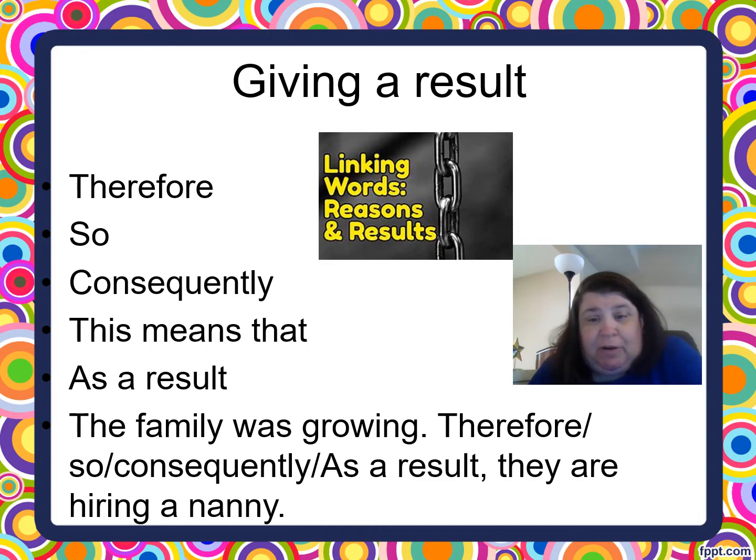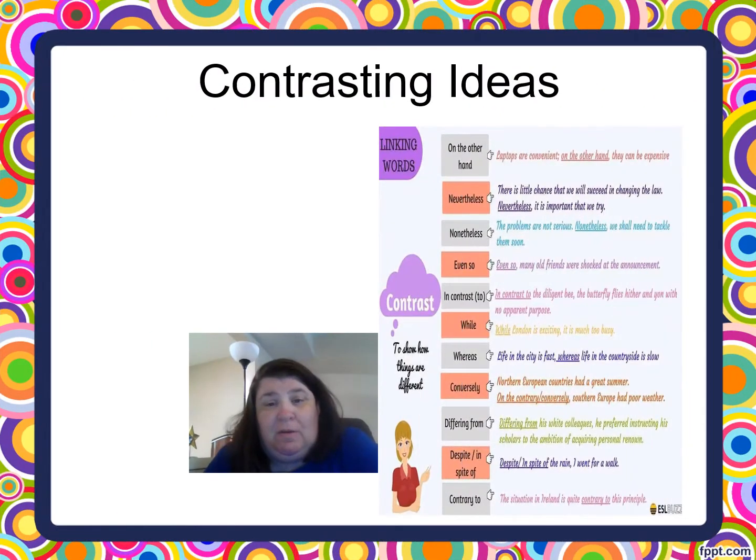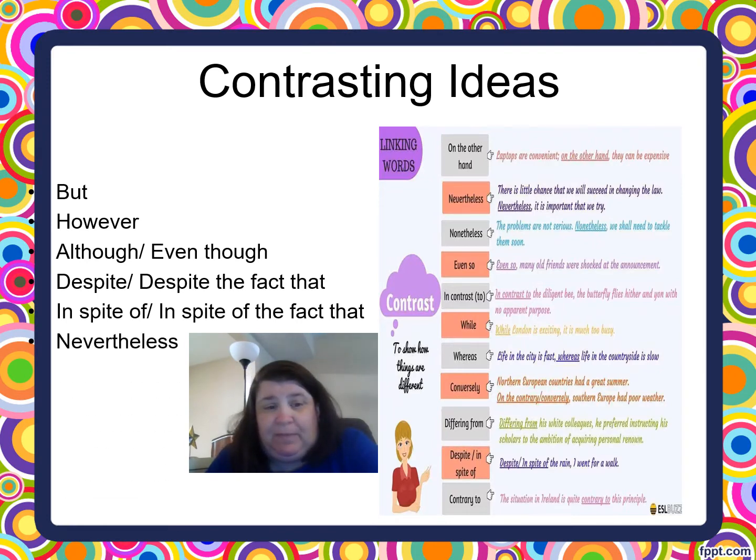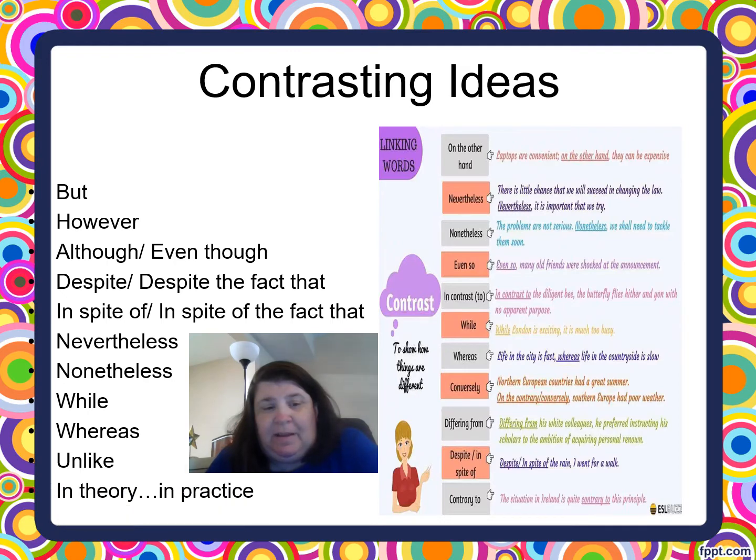Let's move on to our next, which is contrasting ideas. We have but, however, although or even though, despite the fact that, in spite of or in spite of the fact that, nevertheless, nonetheless, while, whereas, unlike, and in theory or in practice.